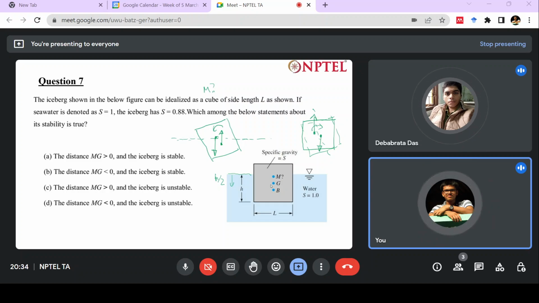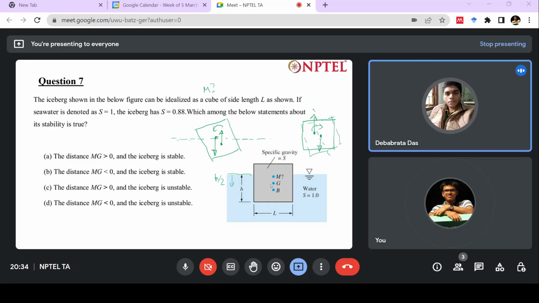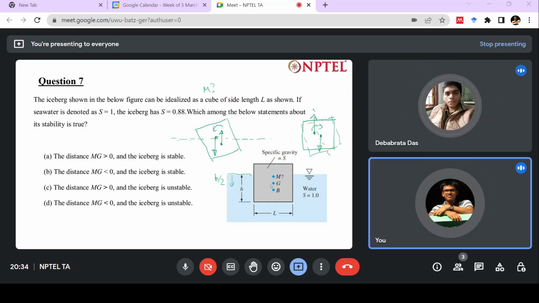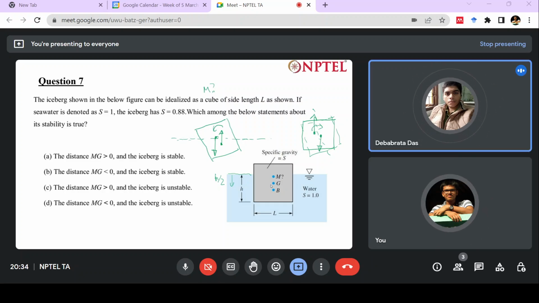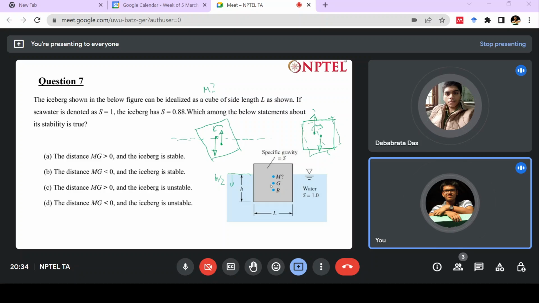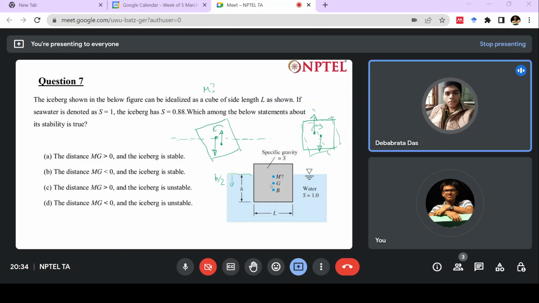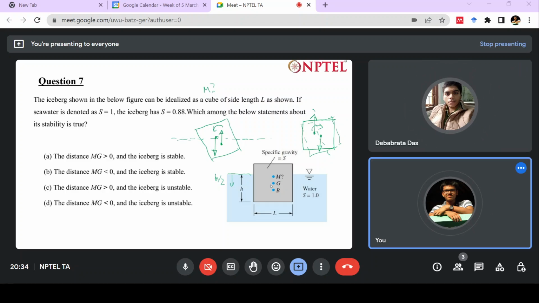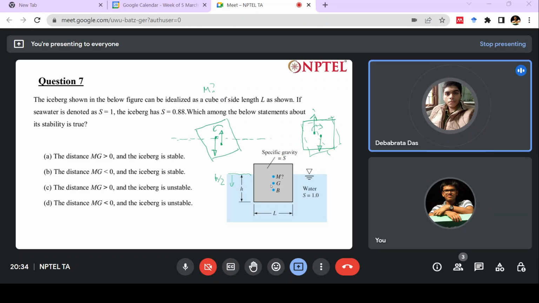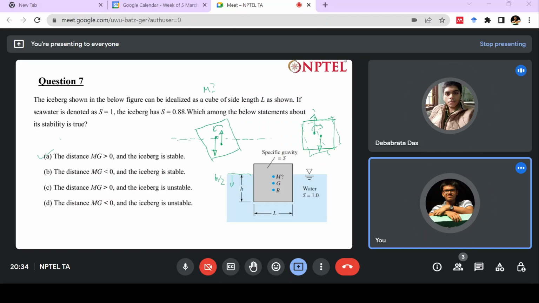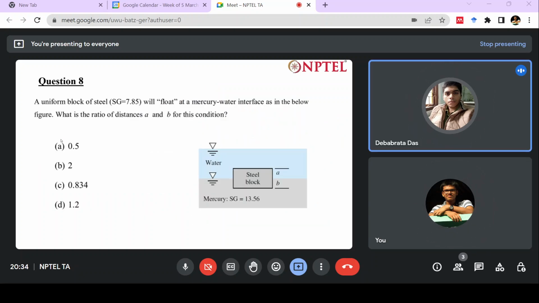That means whenever there is a small perturbation to the floating object, whatever torque is generated will be against the perturbation. It will try to reduce the perturbation, and the floating object will come back to its original state. All right, so here option A is correct: if MG is greater than zero, the iceberg will be stable.